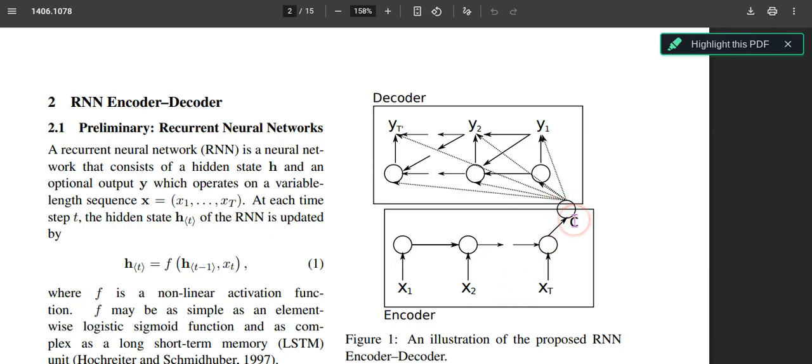That single context vector has all the information of this particular input sentence, and that has to be predicted into an English sentence, Y1 to YT, and that would be done by a decoder which utilizes all the information embedded in this context vector, unrolled in time.